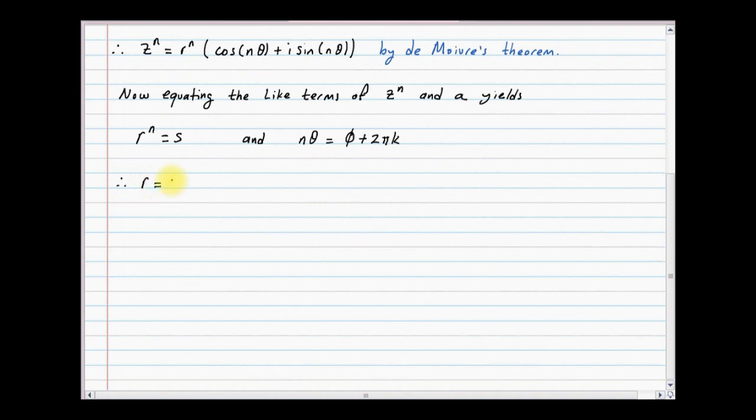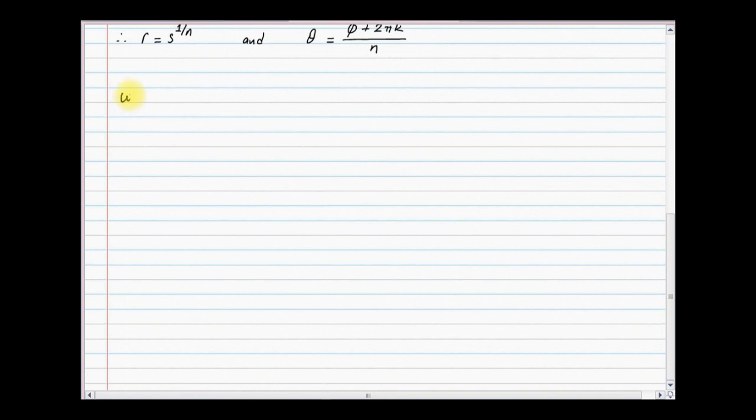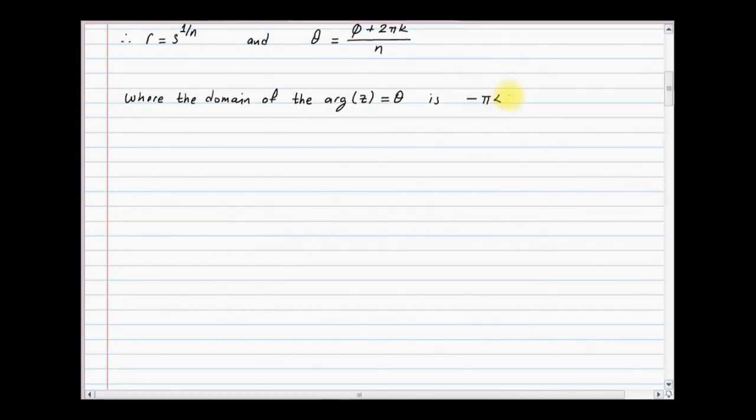Therefore, we can write this as r equals s to the power of 1 over n, and theta equals (phi plus 2 pi k) all divided by n, where the domain of the argument of z is negative pi to positive pi.